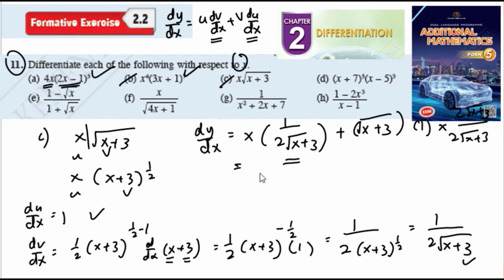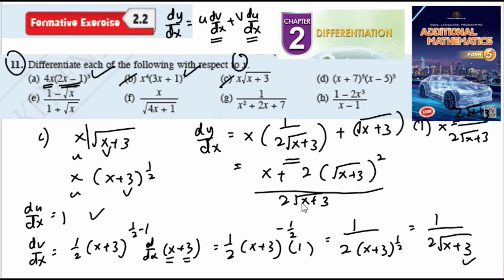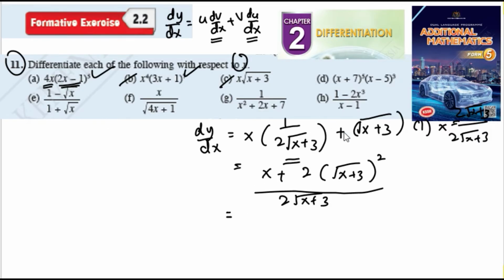So here I get x times 1 is x plus, so here (x plus 3) times 3 you get, and this one is 3, right? 3(x plus 3) over 3 times the cube root of (x plus 3) squared. So here you see the cube root and the square can be cut off.